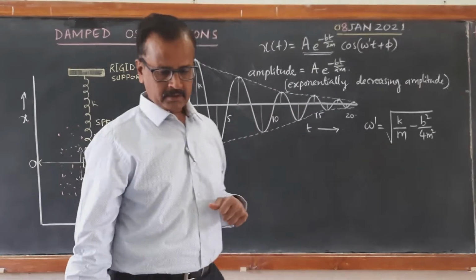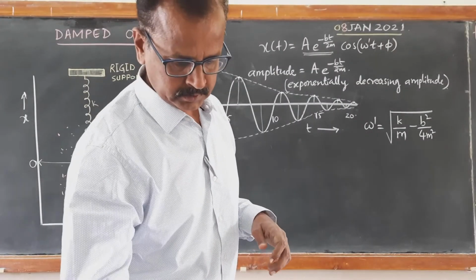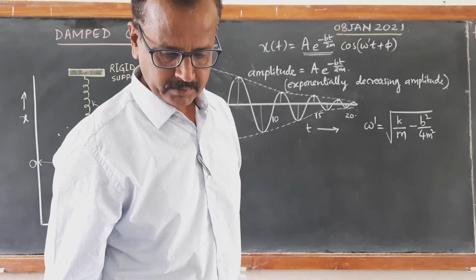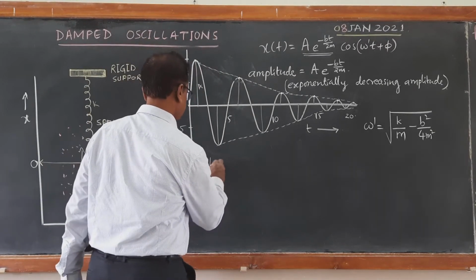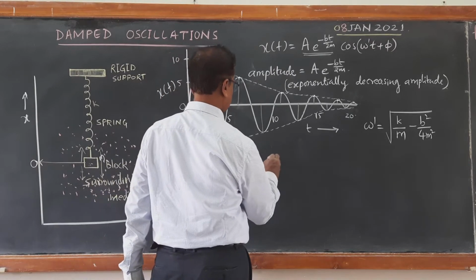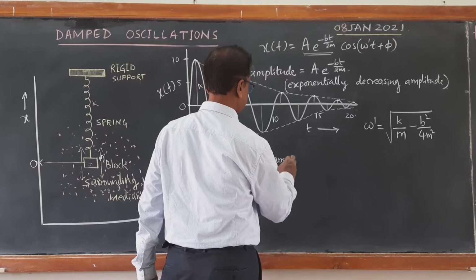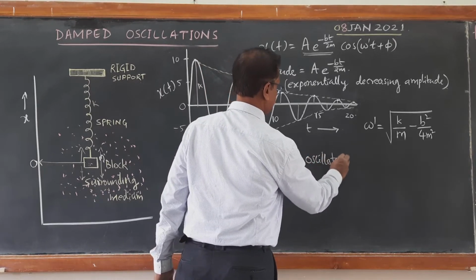Now one can also write the equation for energy. Energy of a damped oscillator is also not constant.